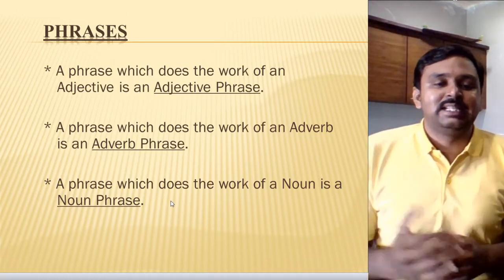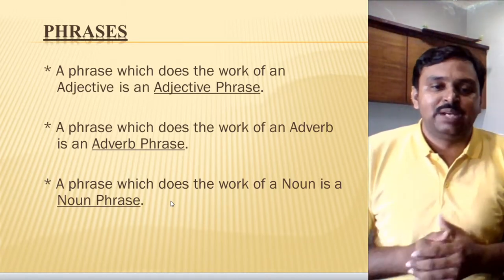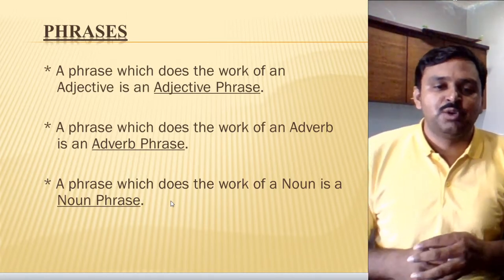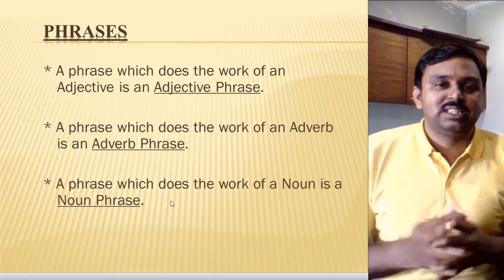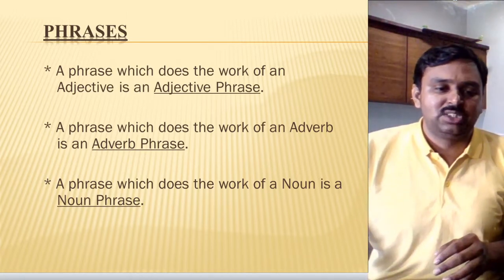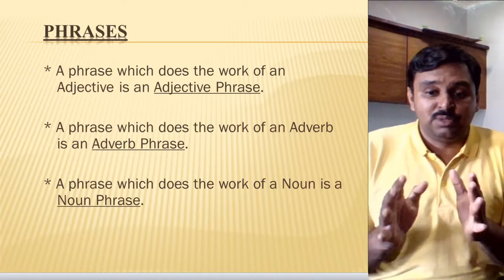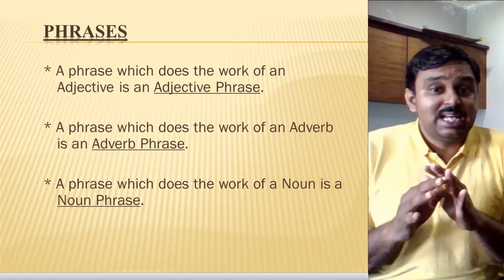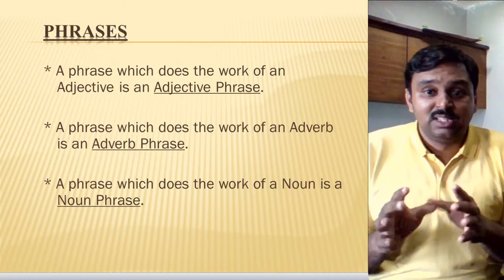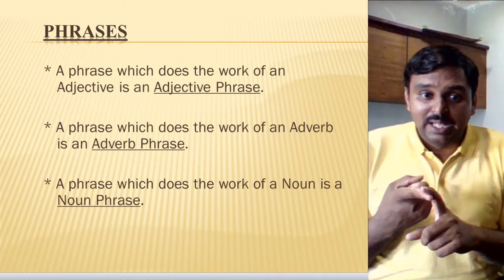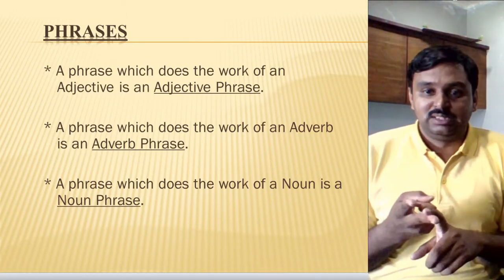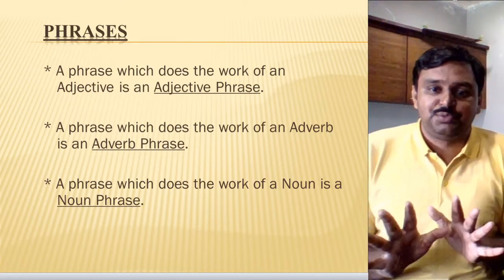And the third type of phrase we have is the noun phrase. Now what a noun phrase does, the very important aspect to understand here, is that a noun phrase is not describing an adverb, it is not describing an adjective. Are you getting it? It is not describing any noun, it is not describing any verb, it is a noun itself.